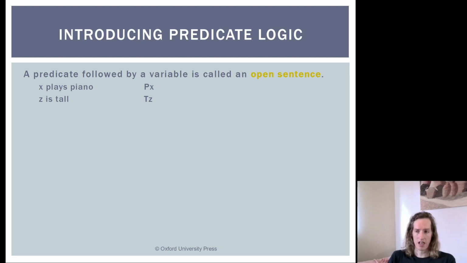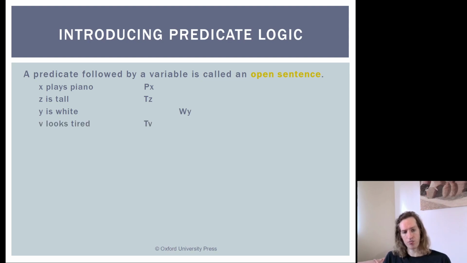Z is tall. Again, the property of tallness is being ascribed to something, but we're not specific about what the something is. And Y is white. Y here is just another variable that stands for something, but it has the property of being white. And V looks tired. So again, these are all just different variables.